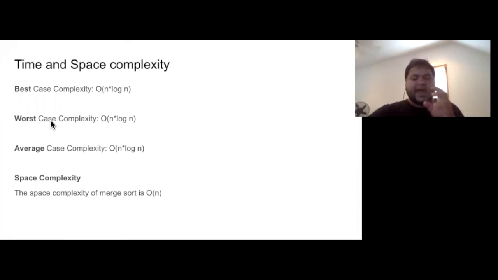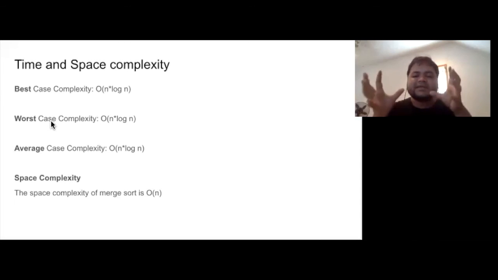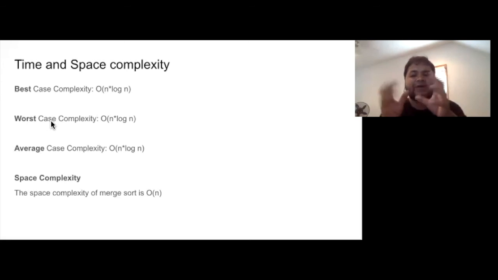And to merge the subarrays made by dividing the original array of n elements, a running time of big O of n will be required, right? We are merging all the subarrays, so in total, the length is n. That means we are doing n work. That is why the running time of that part is big O of n.